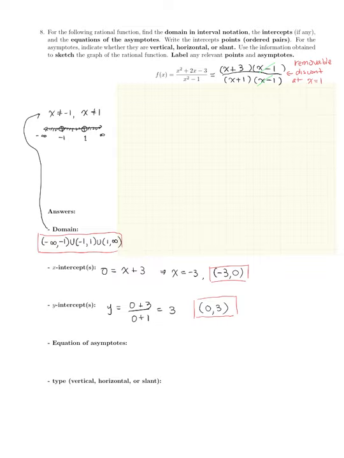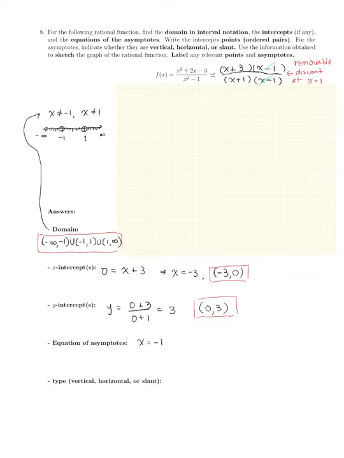Okay, now equations of asymptotes. First thing, we are guaranteed that we're going to have a vertical asymptote at x equals negative 1, because that's where the rational function becomes undefined.